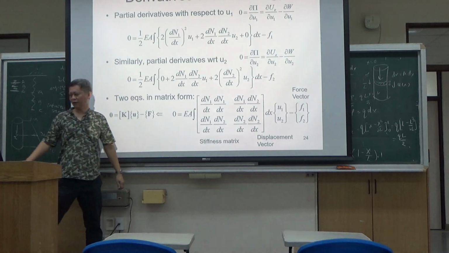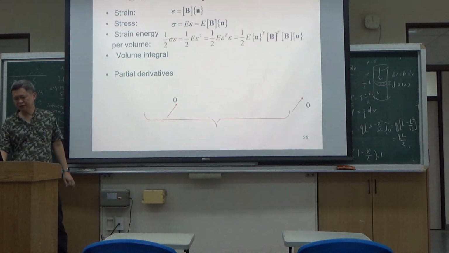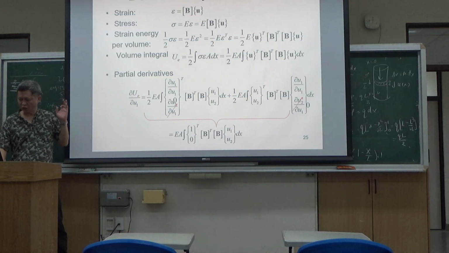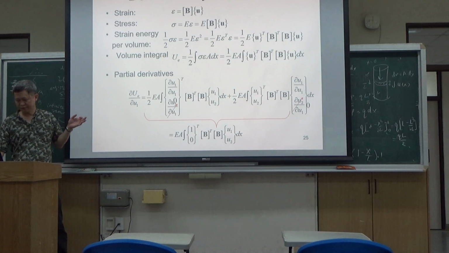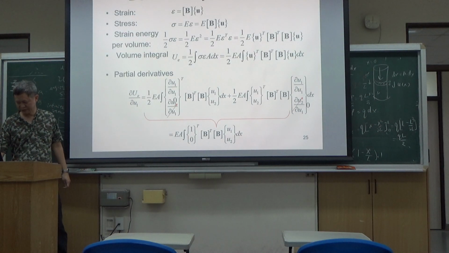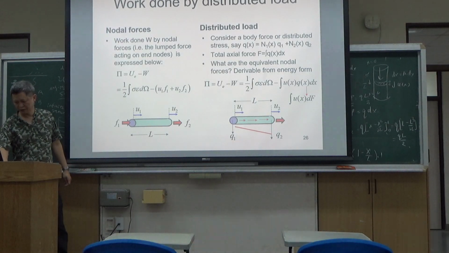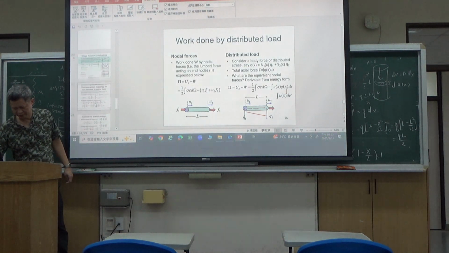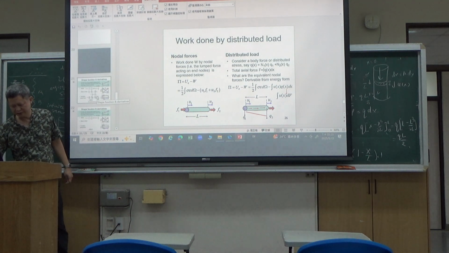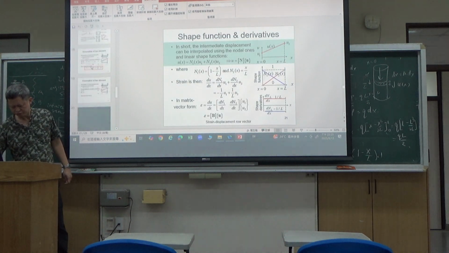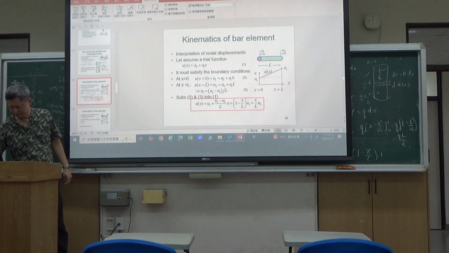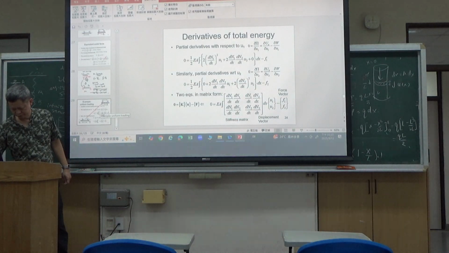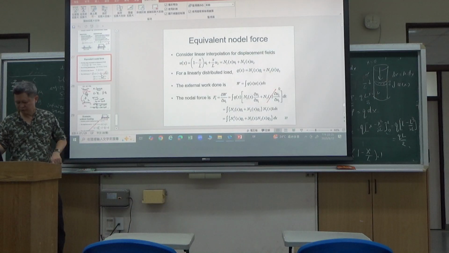Again, if you do the substitution, then I'm going to obtain the same stiffness matrix. The previous approach, when you finish and solve it, gives the same result as this equation. Okay, with this, then we are done.